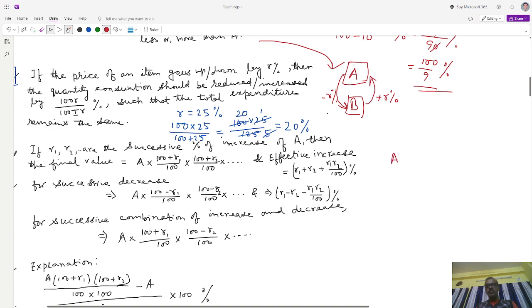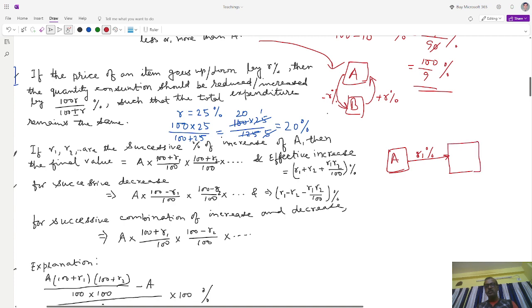This is the initial value. It goes up by R1%. Then what will be the new value?